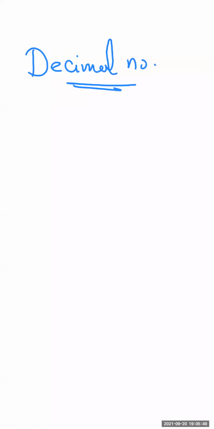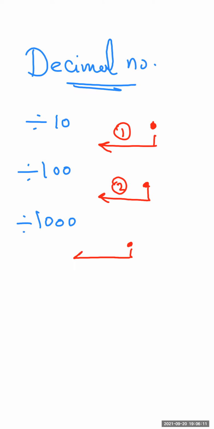So now, guys, we said that if you want to divide a decimal number by 10, by 100, by 1,000, in the first case the decimal point moves to the left one place, here two places, and here three places to the left.